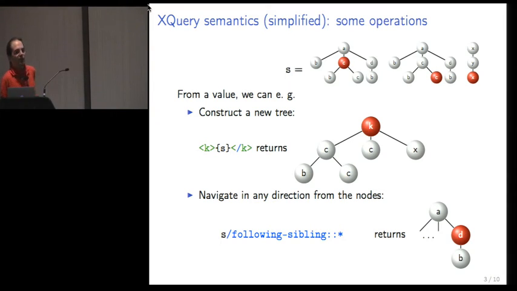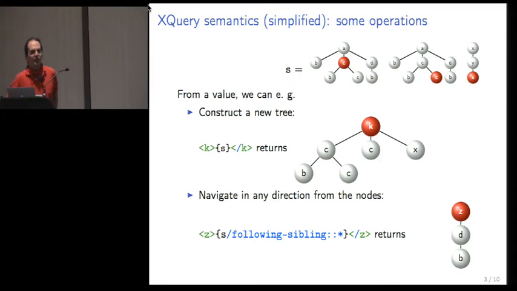So I get a singleton sequence with just one D, which is the third child of the A. After this operation, I can again put it in a new tree. For example, I will put a Z on top of it. So that's a small extract of what you can do with XQuery.